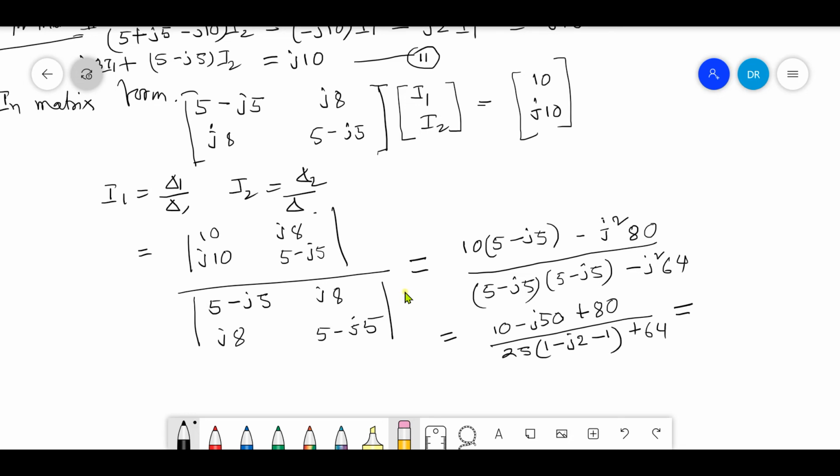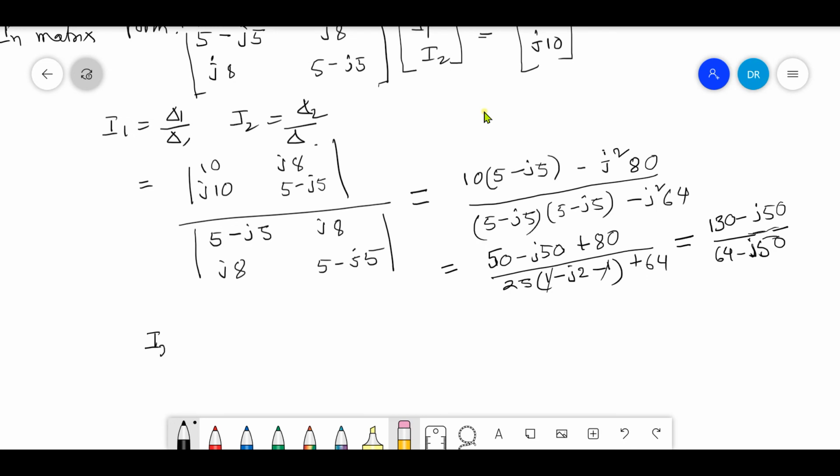So we are getting the value of I1 in rectangular form: (130 - j50) by (64 - j50). So the value of del is actually 64 - j50.